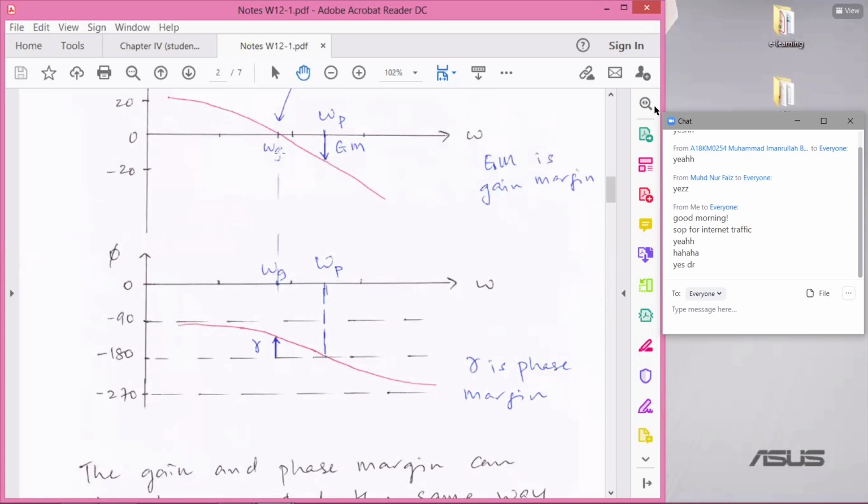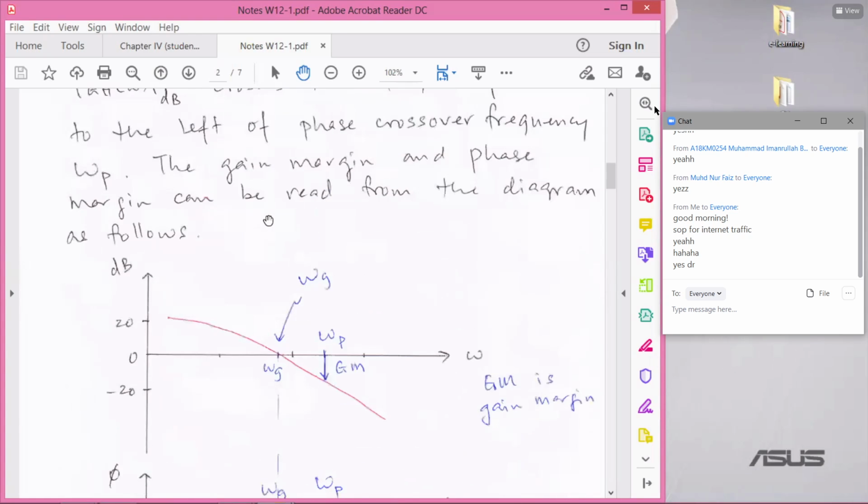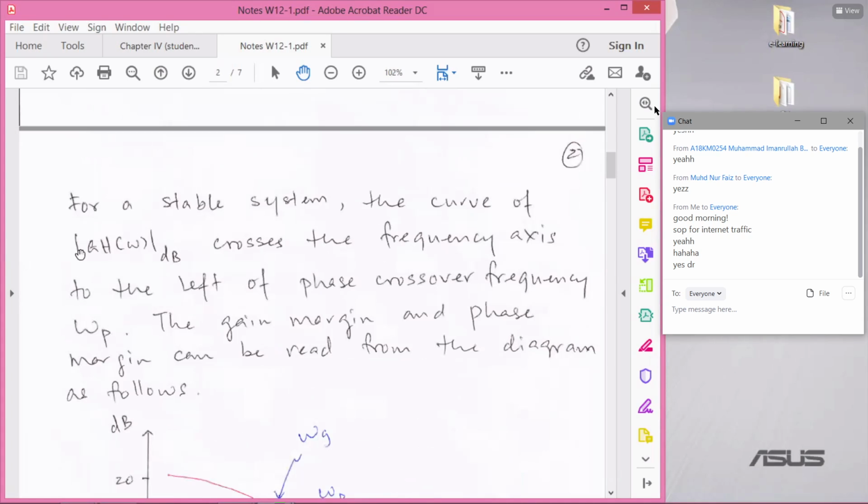So what is the gain crossover frequency? If you still remember correctly, the gain crossover frequency is when the magnitude of GH of s is equal to 1. When the magnitude is equal to 1, 20 log 1, you're going to get 0.